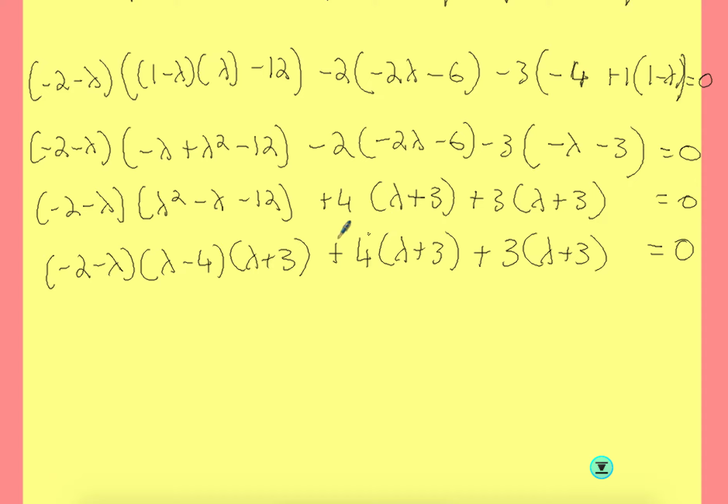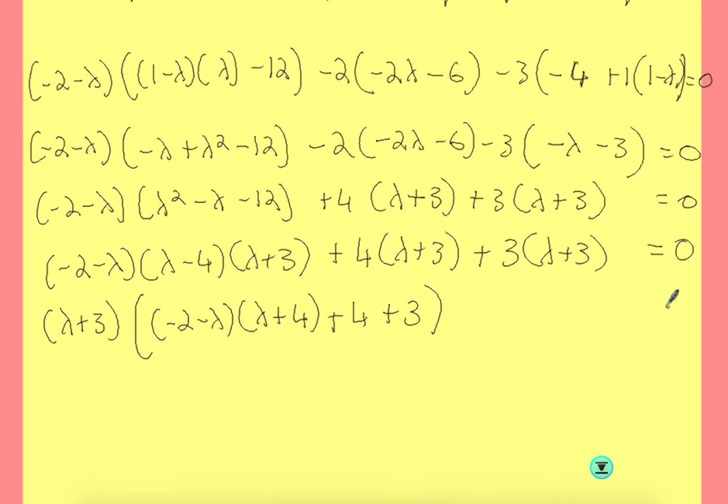So our common factor here is lambda plus 3. So if I take that out as a common factor, I've got negative 2 take away lambda, lambda plus 4, plus 4, plus 3 is equal to 0.